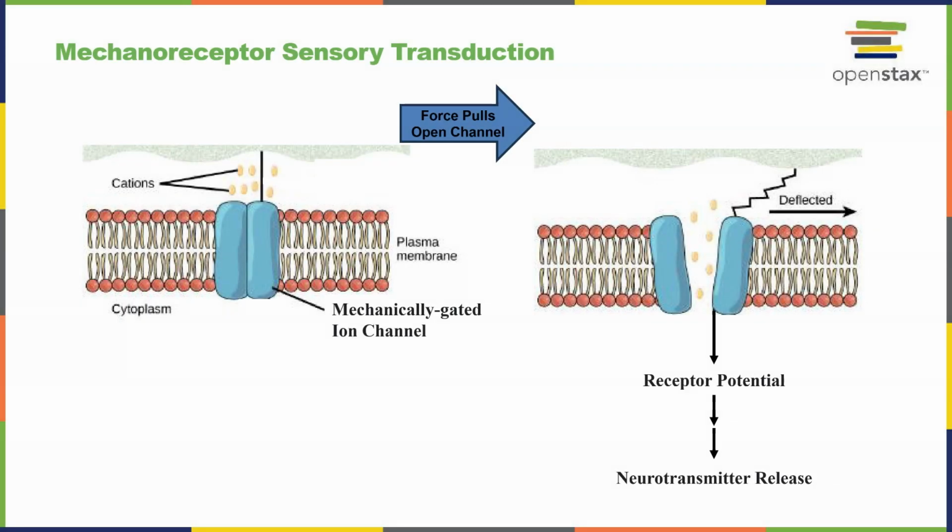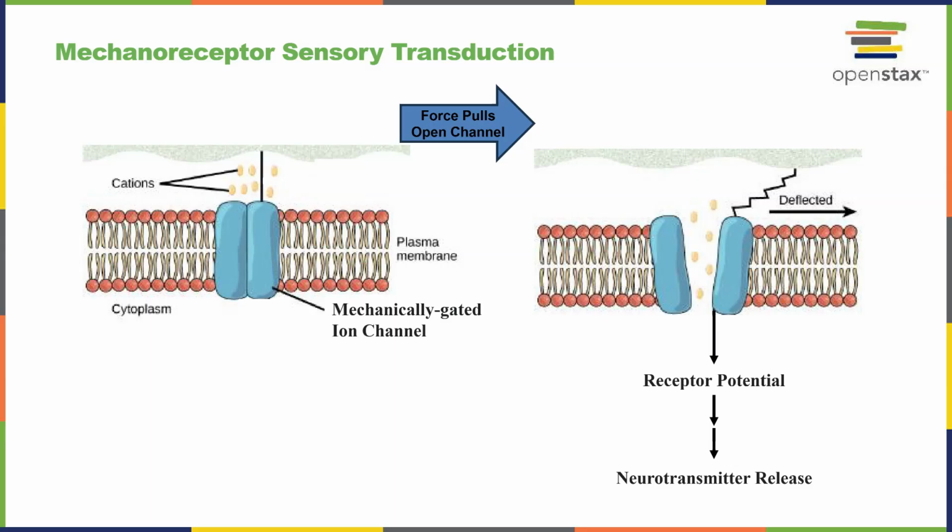When a stimulus is detected, sensory transduction occurs, meaning that the stimulus causes ion channels in the receptor cell's membrane to open or close. This creates what's called a receptor potential, which influences neurotransmitter release from the sensory receptor and the frequency of action potentials in the neurons of the sensory pathway.